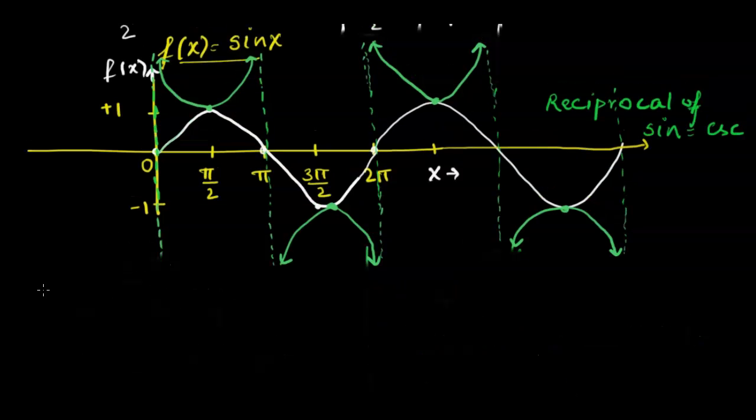Now looking at the graphs, we can conclude important properties for sine and cosecant x function graphs. For sine x function graph, we notice that there is a max point at 1. Every time this graph is repeated, we would see a max at 1 and we would see a min at -1, and that is also being repeated.